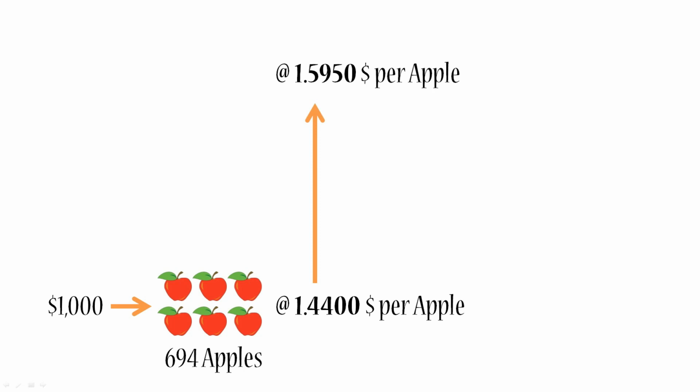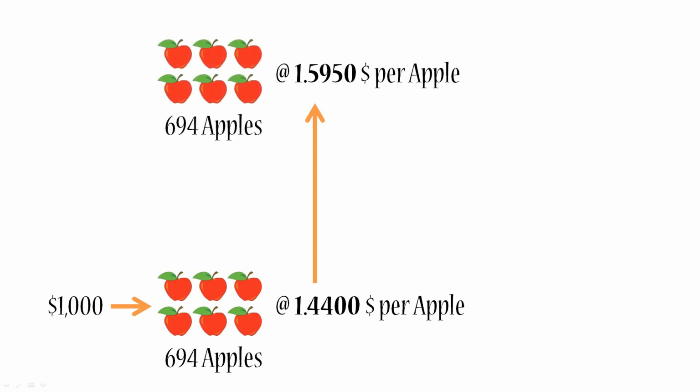Next, he waited a certain number of days until the price for apples grew to $1.5950 per apple. And at this point in time, he still has 694 apples. What he did with these apples next is he sold them at the new price, and in return he got $1,107.